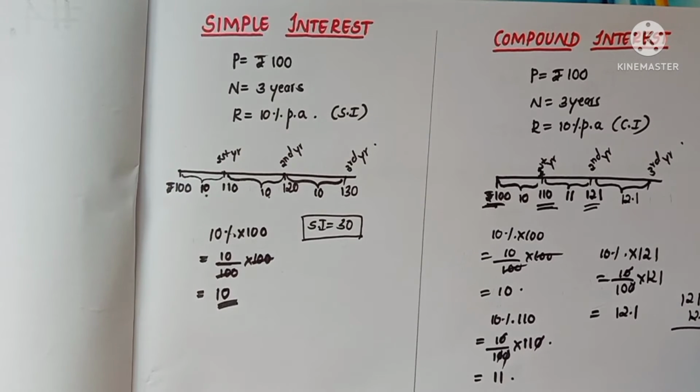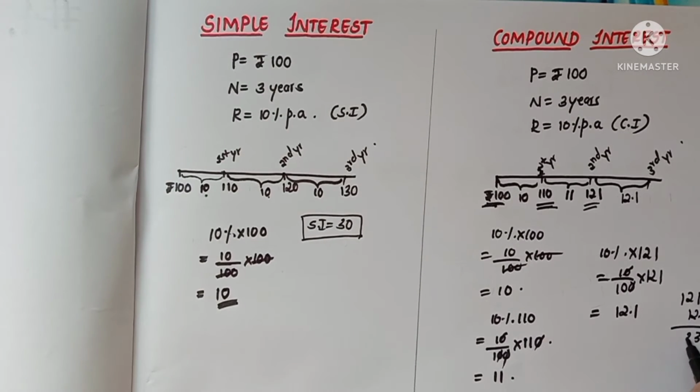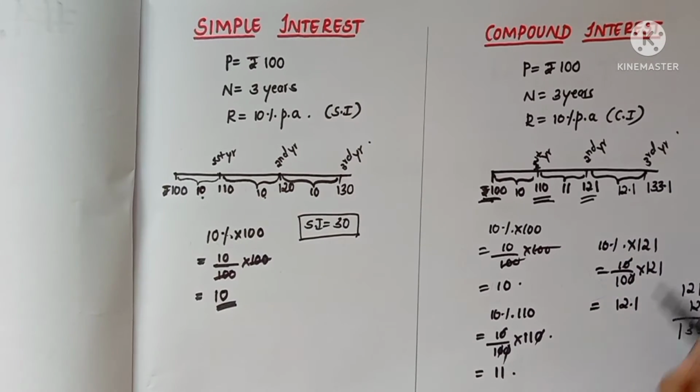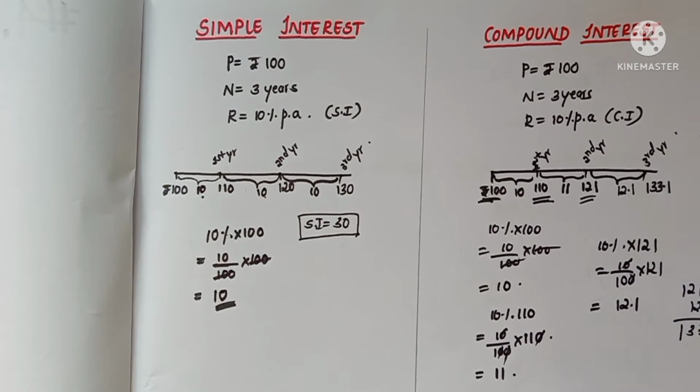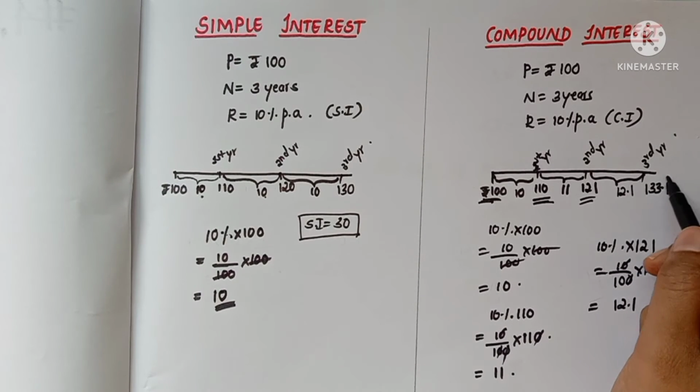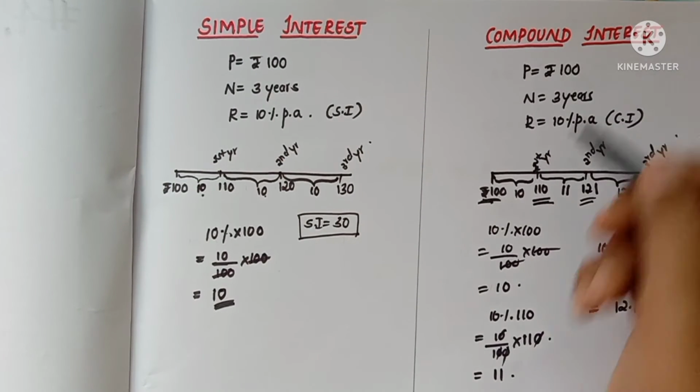This is 1, 3, this is 3 and 1. So 133.1. So for the third year, the amount will be what? 133.1. So we are going to return 133.1 after the third year.